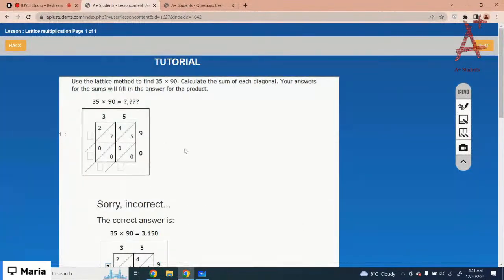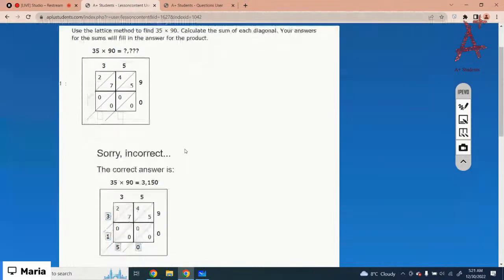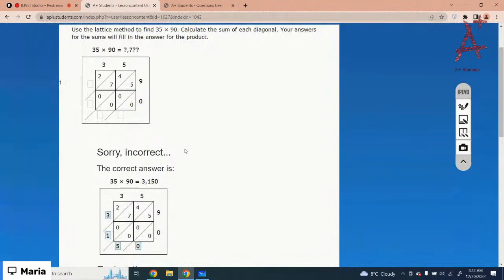Okay, use the lattice multiplication to find 35 times 90. Calculate the sum of each diagonal. Use your answers for the sums to fill in the answers of the products. 35 and 90. So 9 times 3 is 27. You have to write the numbers on the diagonals.